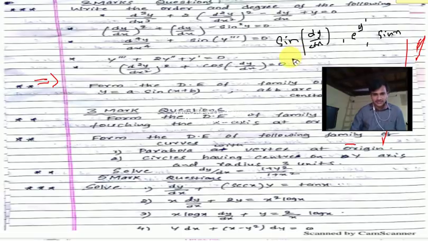but when that derivative appears as a composite term, the degree is not defined. Then even in the 5 marks part I have mentioned very few questions, and for the 3 marks part also, form the differential equation of family of curves. You can do these very easy problems. And in the 5 mark problem also, in scheme of evaluation, if that given differential equation is not expressed in the form of dy by dx plus py is equals to q, simply by writing it in dy by dx plus py is equals to q and writing the values for p and q, you have 2 marks in scheme of evaluation.